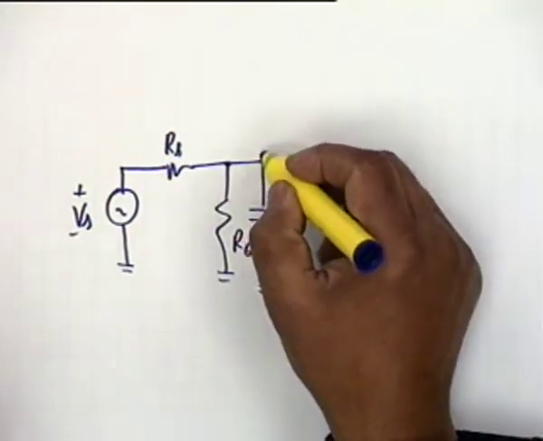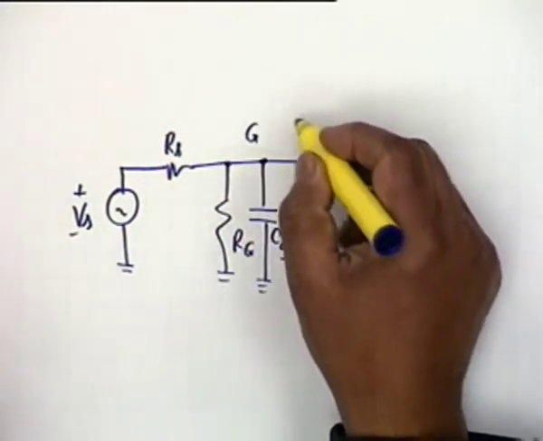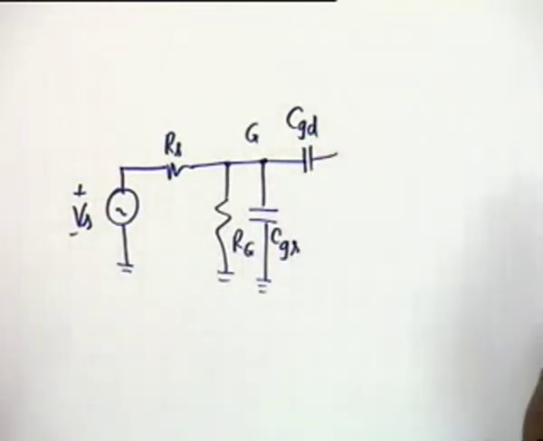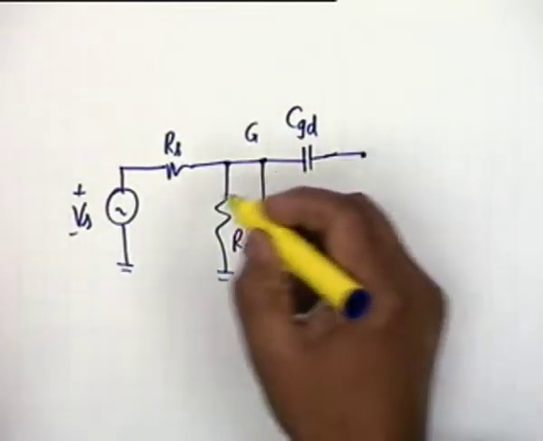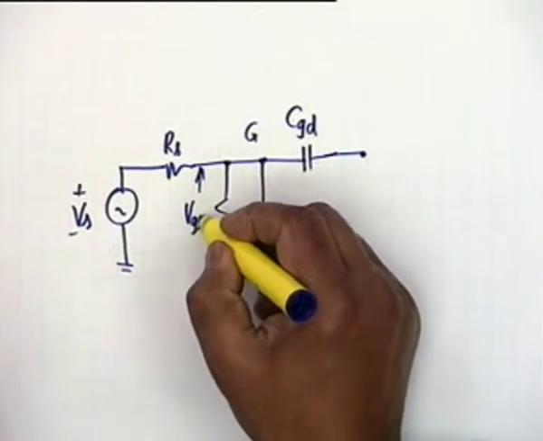Okay, then from the gate to the drain you have a capacitor C GD, and the voltage here is VGS.